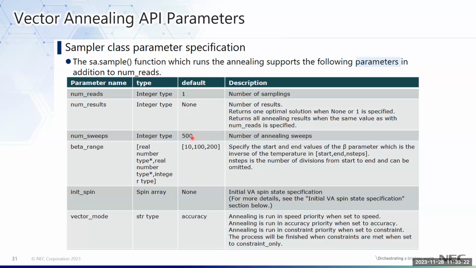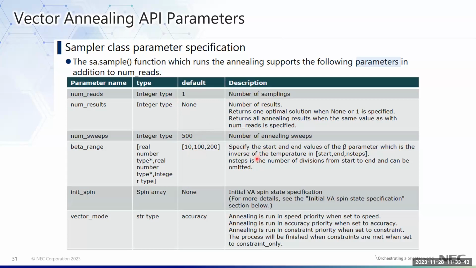Number of sweeps, as we spoke, the default value is 500, where if you don't specify number of sweeps, the annealer will repeat the operation 500 times to zero in on a more optimal solution. The beta range, as I discussed, you can specify the start and end values.